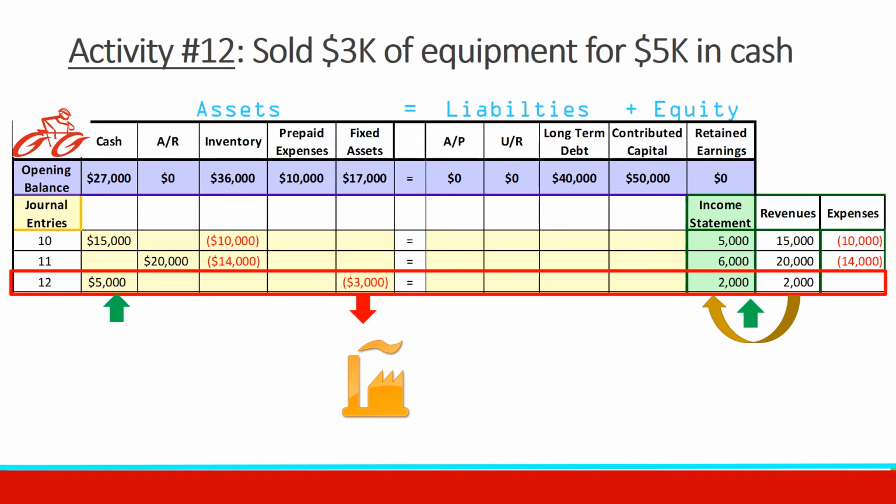In contrast to Activity 10 and Activity 11, where we put the gross amounts on the income statement, right? We put the full $15,000 paid by the customer in Activity 10 on the income statement, as well as the $10,000 in the cost of the inventories that was sold.